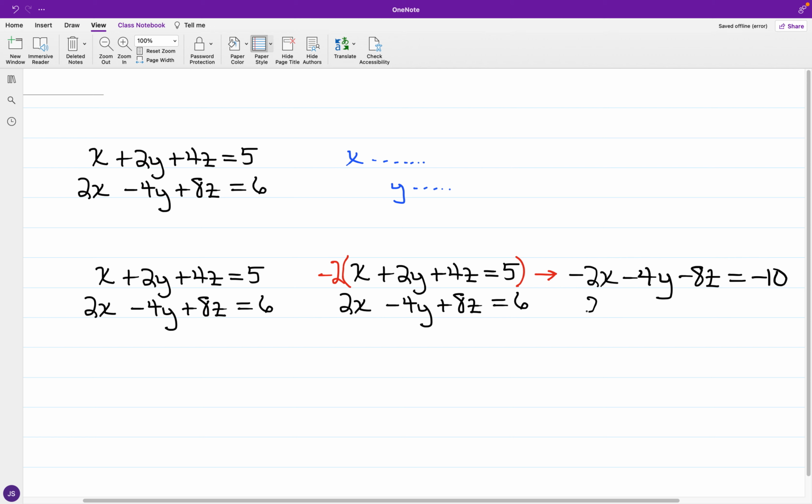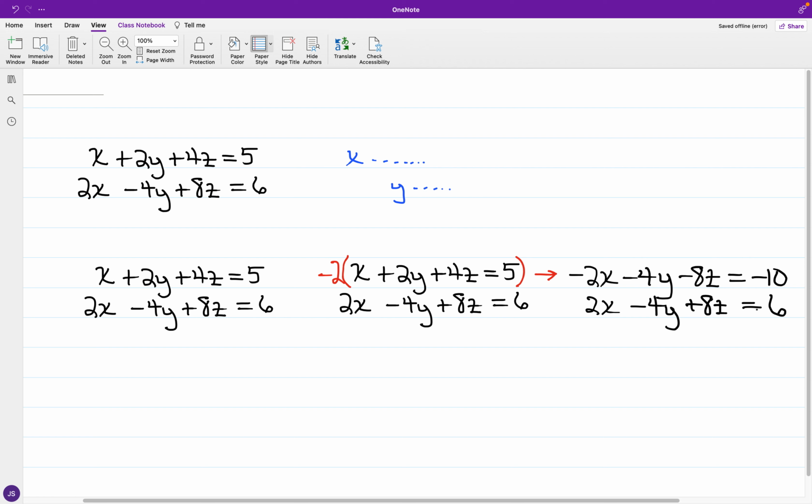And again, from the second equation I have 2x minus 4y plus 8z is equal to 6.